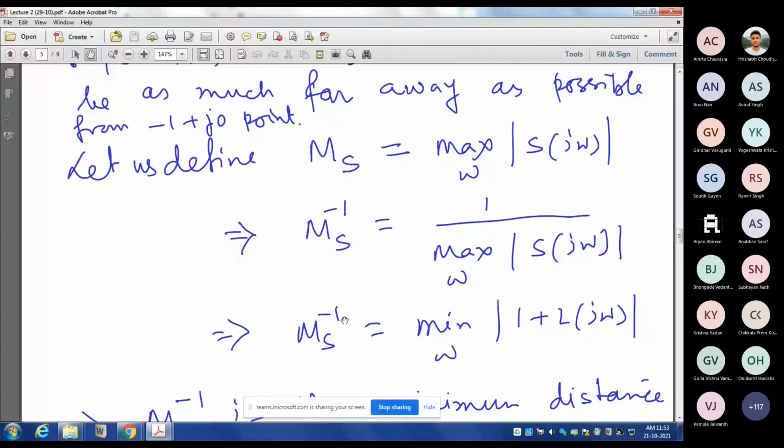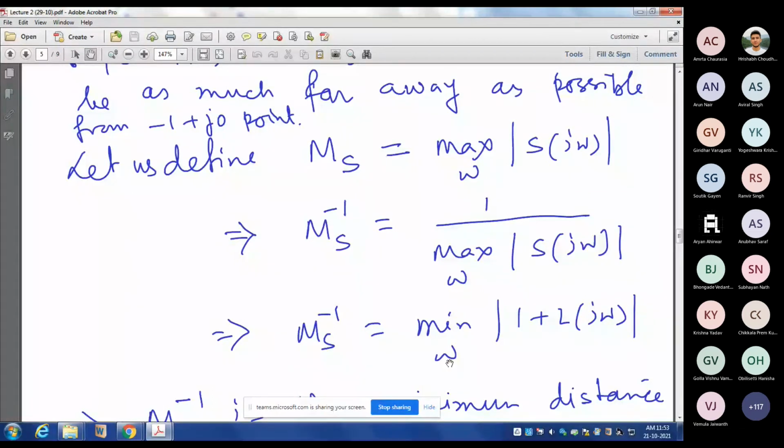So we will first define Ms like this: max over ω of |S(jω)|. So Ms inverse is 1 by max over ω of |S(jω)|. Then Ms inverse you can also write as the minimum over ω of |1 + L(jω)|.